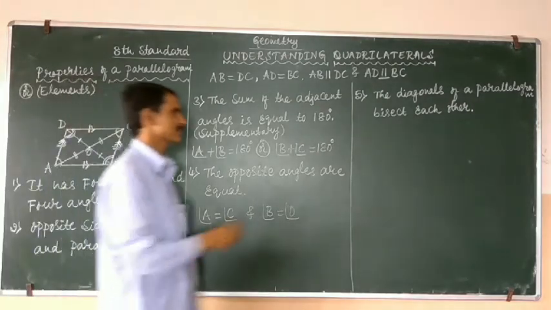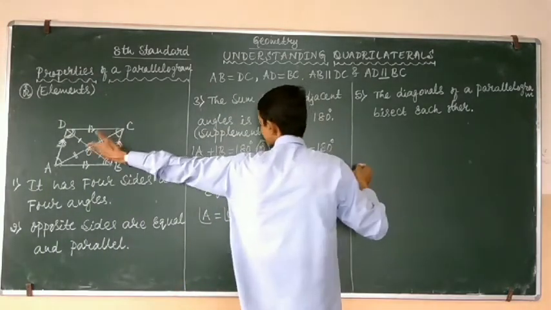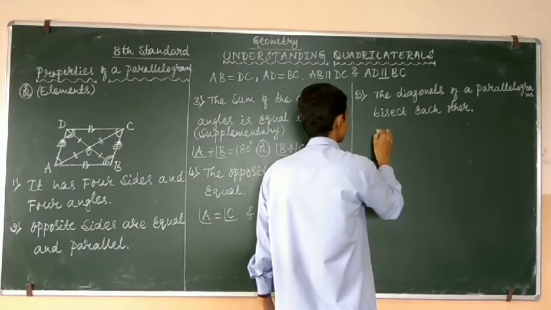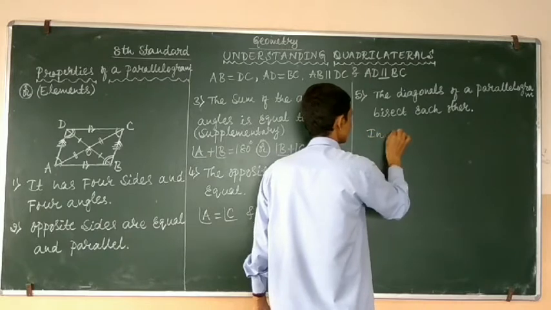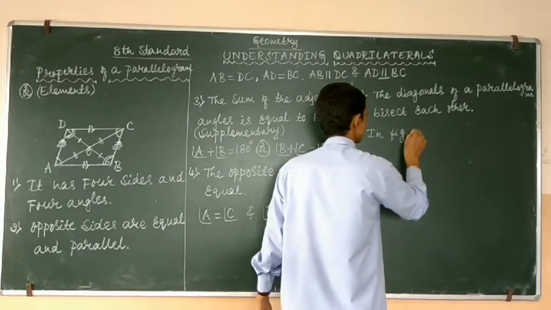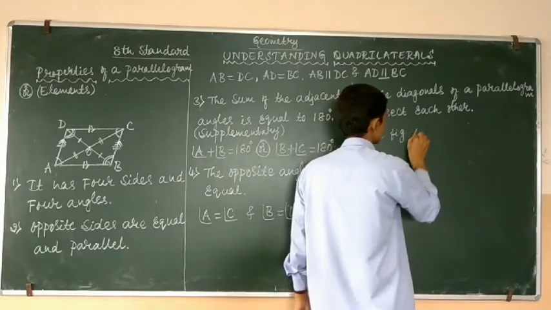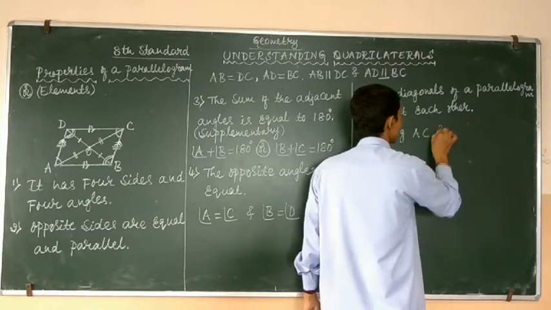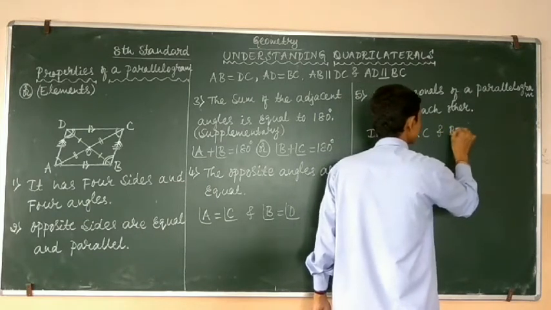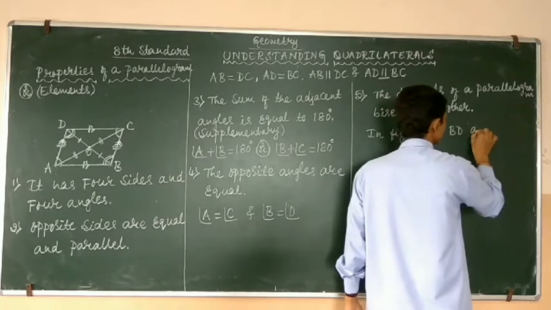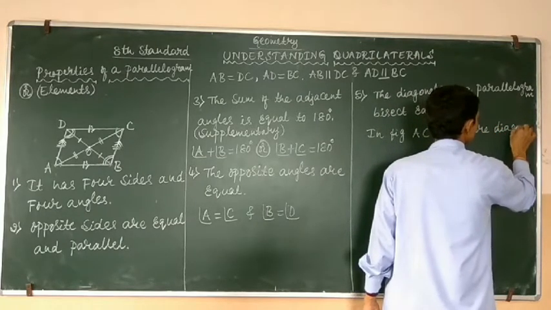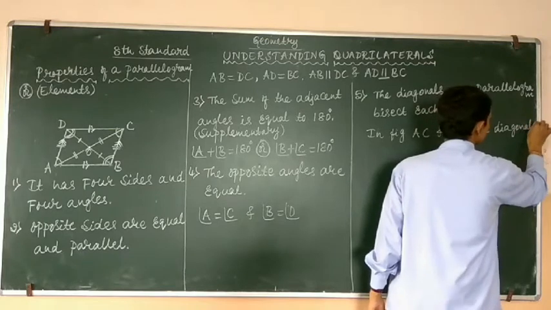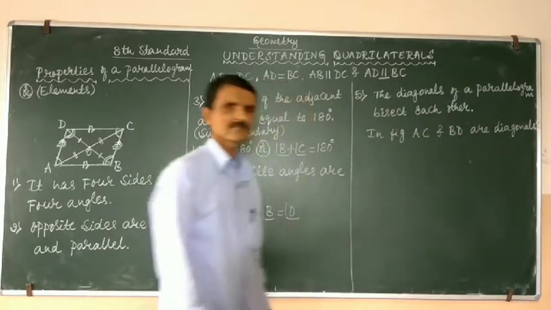So now, students, let us write this from the diagram. In the figure, which are the diagonals? AC and BD are diagonals.